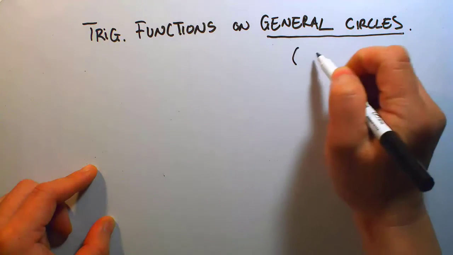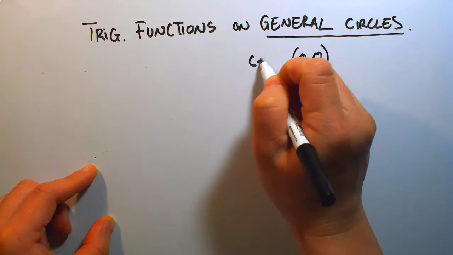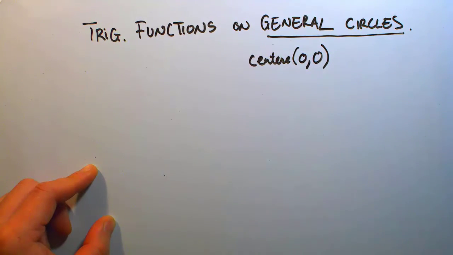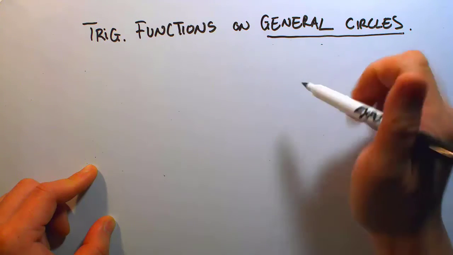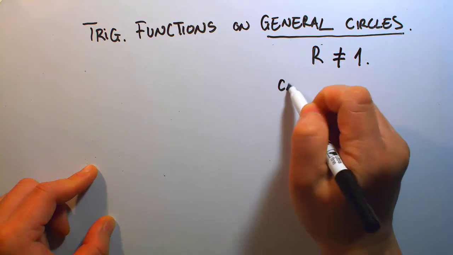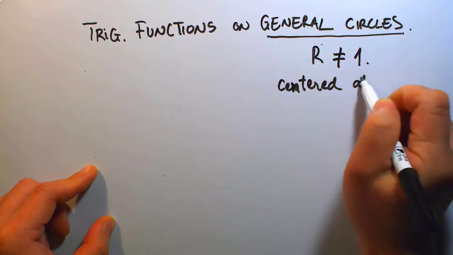I do intend to have those general circles centered at 0, 0, but general means they are no longer radius 1. So radius other than 1, but we still take the center at 0, 0.